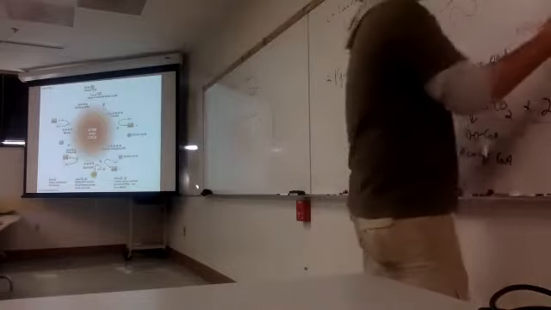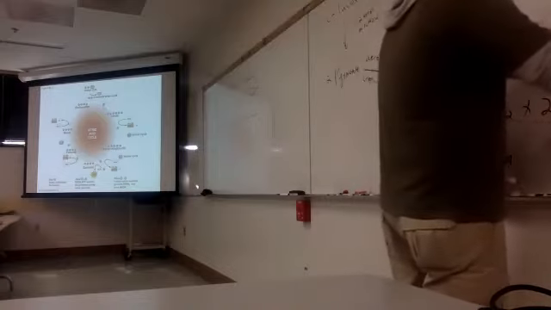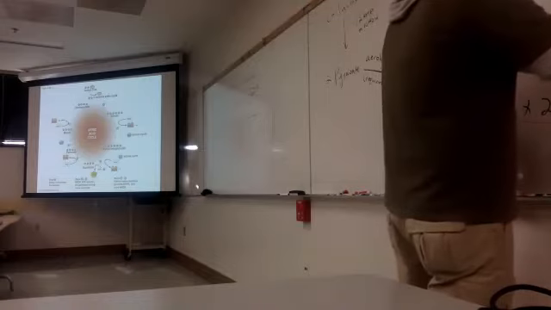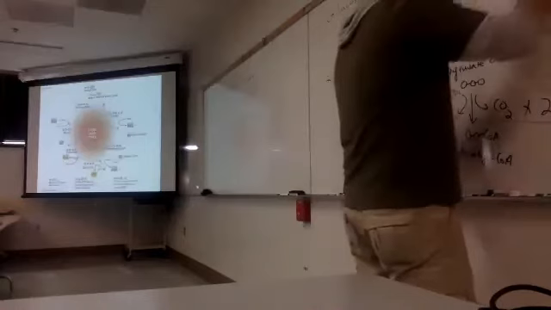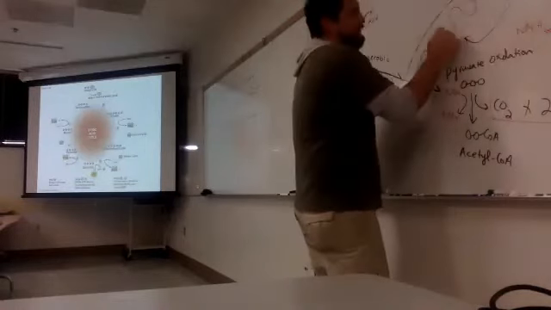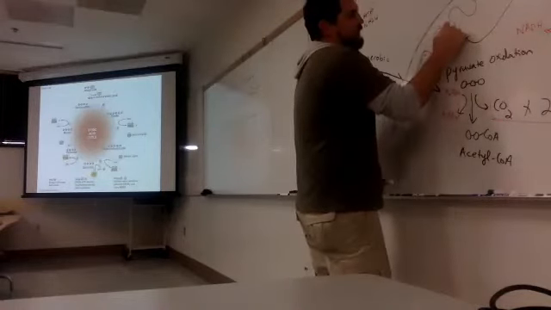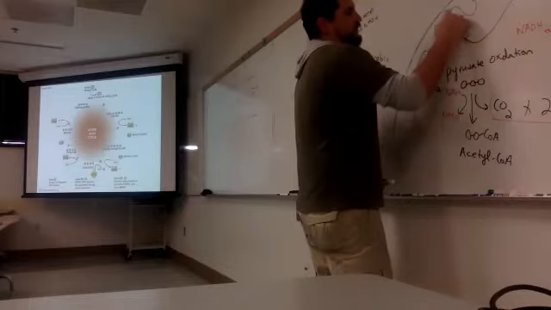So now what happens is that's all the Krebs cycle, the citric acid cycle. Now all of these things are utilized here in oxphos, in the inner membrane of the mitochondria.